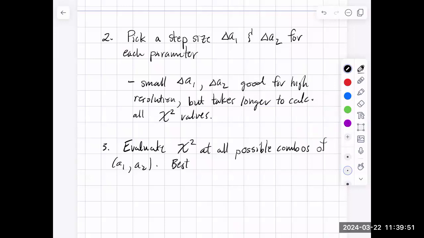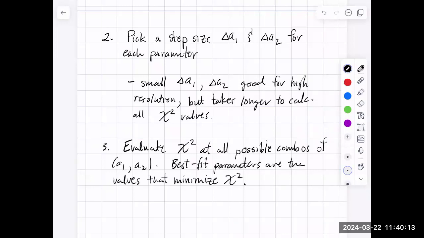And the best fit parameters are the values that minimize chi-squared, or give the smallest result for chi-squared.